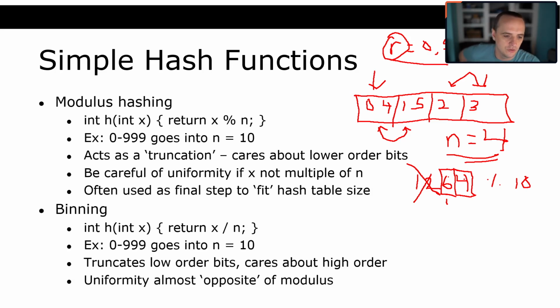We could also do something that's called binning, and binning is almost the opposite of modulus. Binning is just going to do division instead of modulus. So over here again, let's have 4 bins, right?